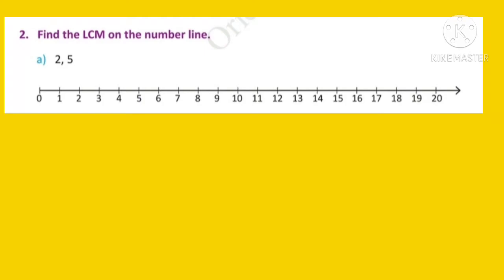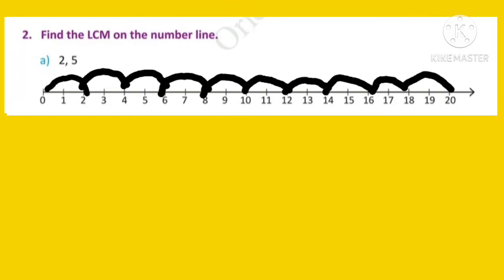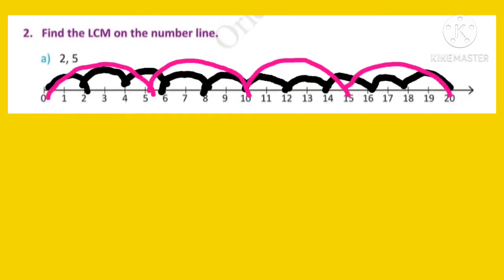Find the LCM on the number line. Given numbers are 2 and 5. Here we are going to find LCM on the number line. The number line shows the multiples of 2 and 5. Black color curve indicates multiple of 2 and pink color curve indicates multiple of 5.